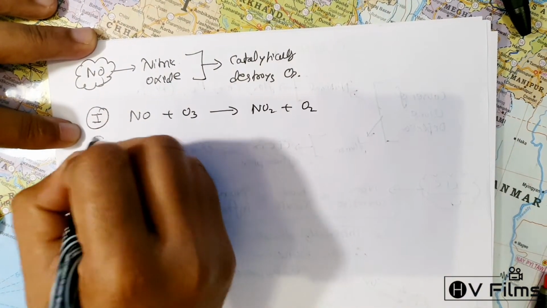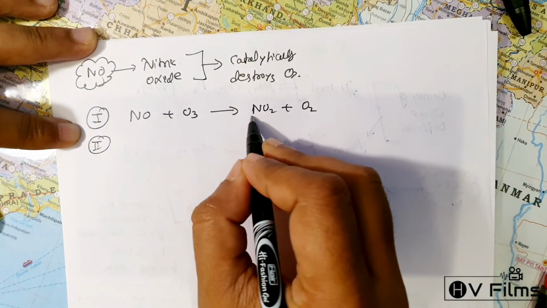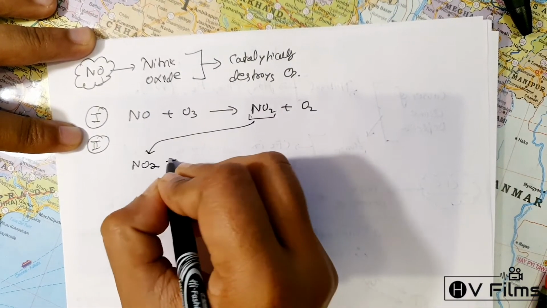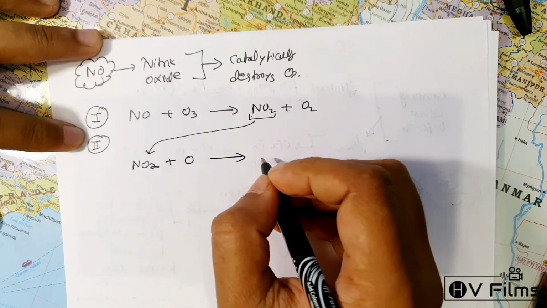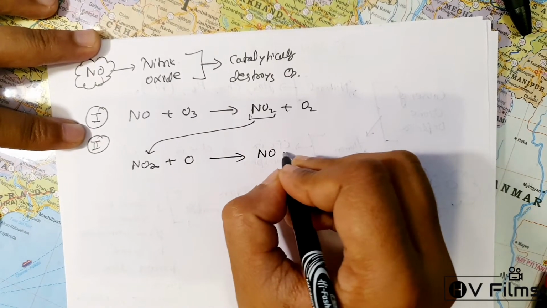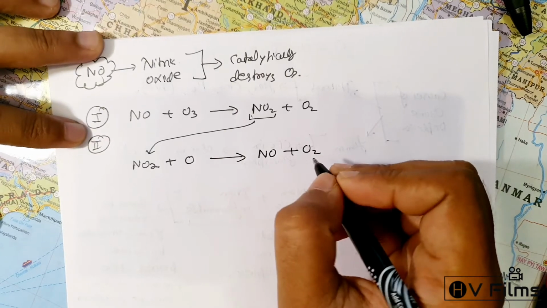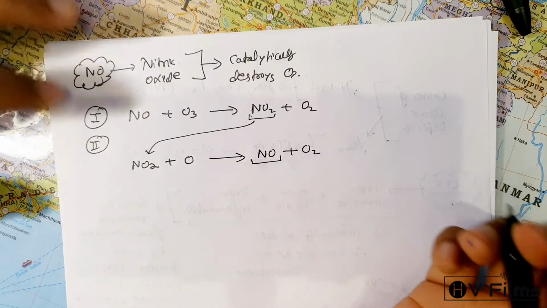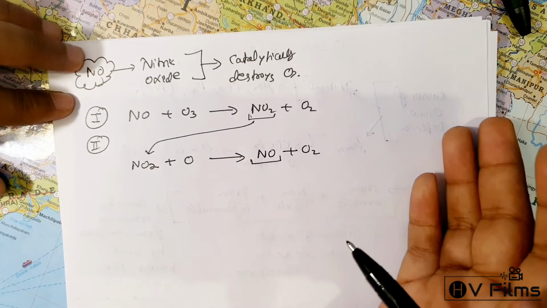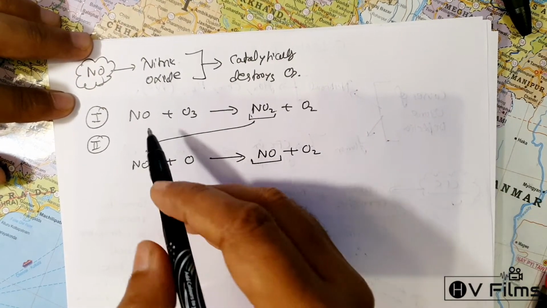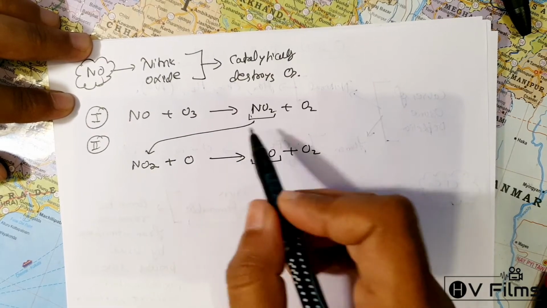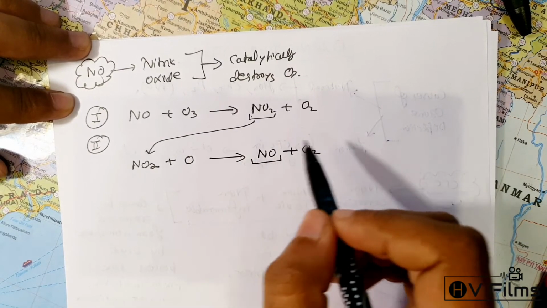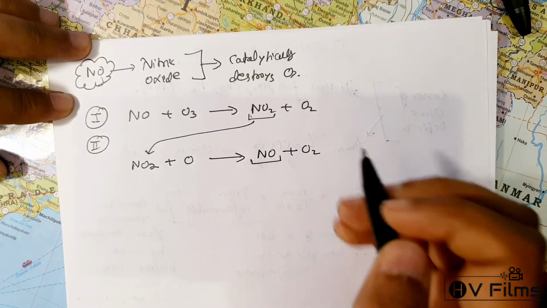In the second step, this nitrogen dioxide reacts with a single oxygen atom, resulting in NO again and oxygen. So, like in the CFC case, NO was there initially, and at the end of the cycle NO has been created again. So it keeps going in a cyclic loop, resulting in the depletion of ozone.